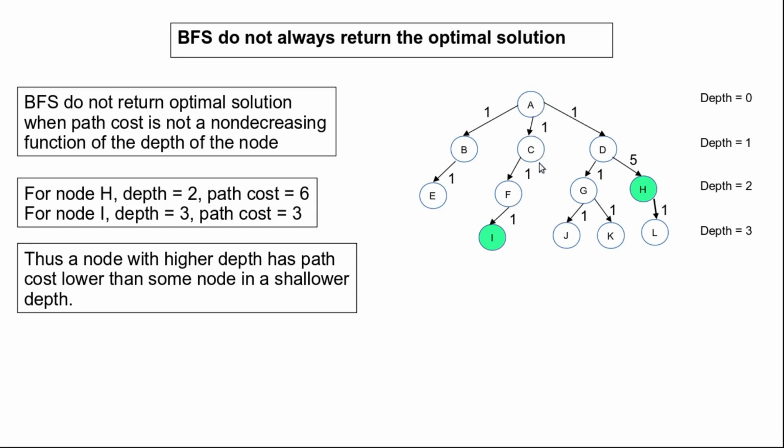In case of I, as we increase the depth, the path cost is actually decreasing. But the condition is that it should be non-decreasing. If it decreases with depth, then BFS will not return the optimal solution.